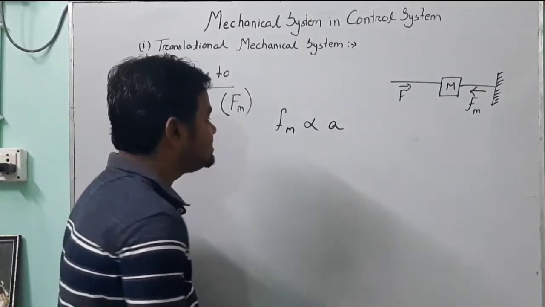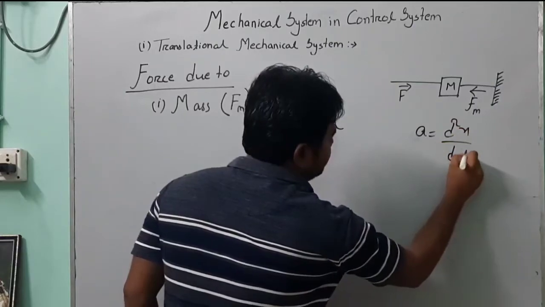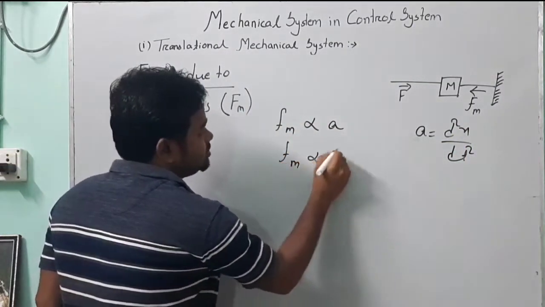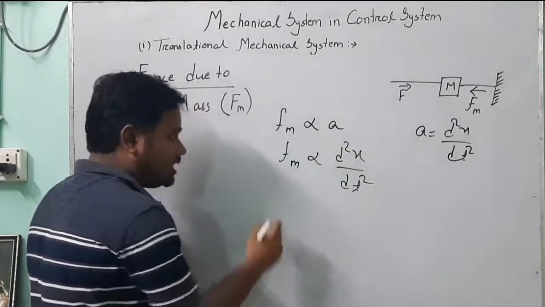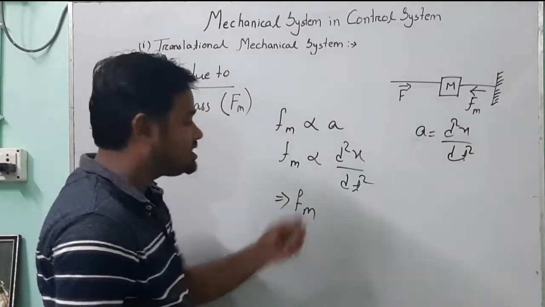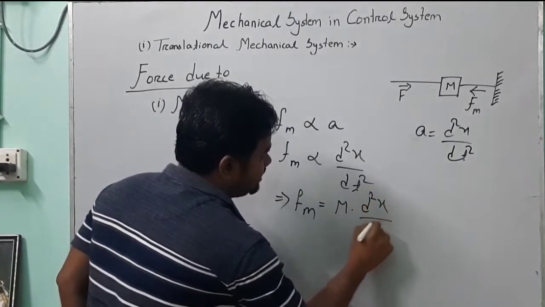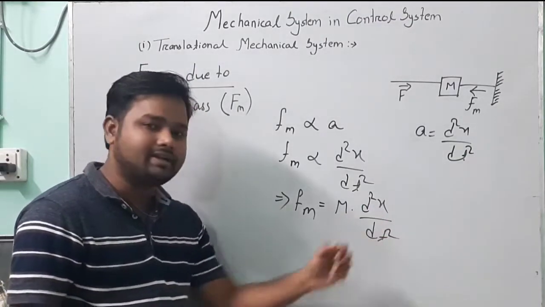We know that acceleration a is equal to d square x by dt square. Putting this value, Fm is proportional to d square x by dt square. In the proportional case we put a constant, so Fm is equal to m into d square x by dt square.